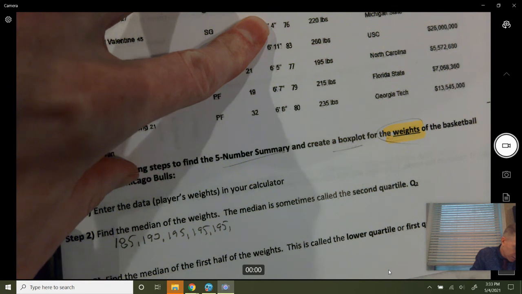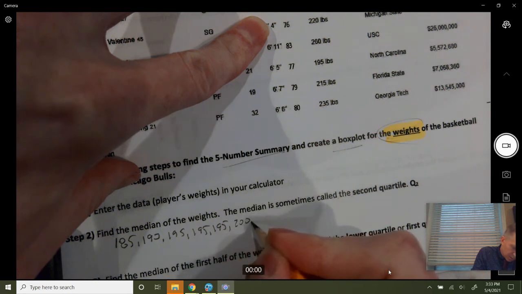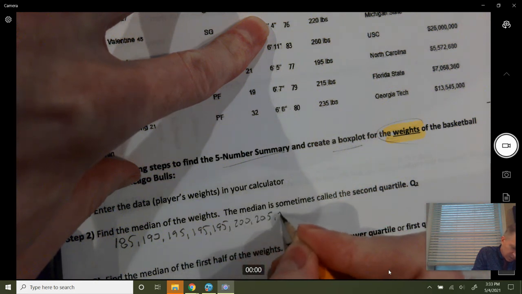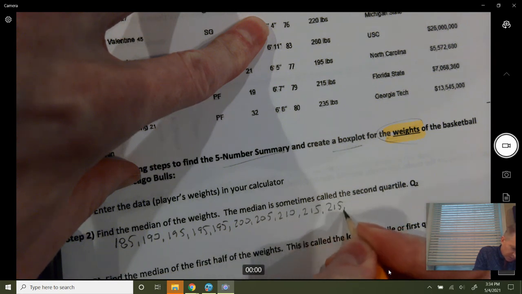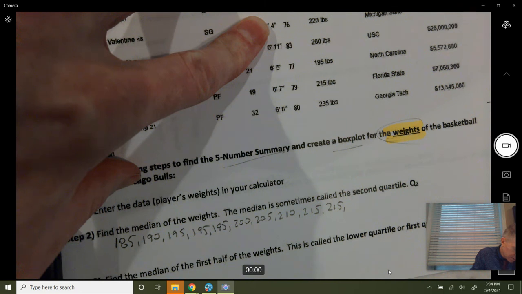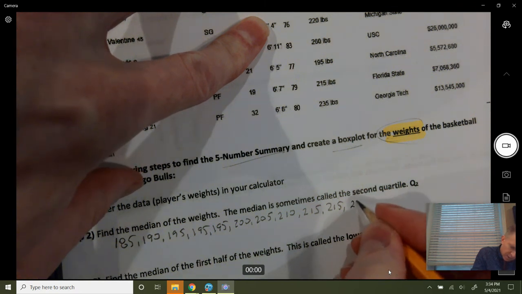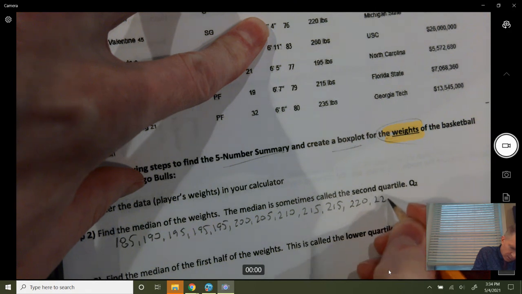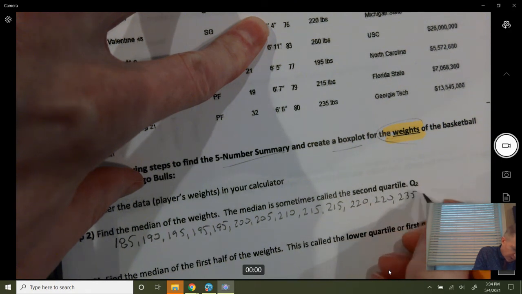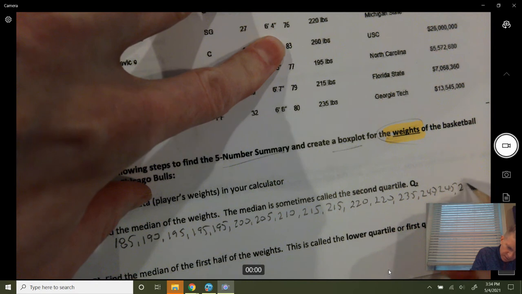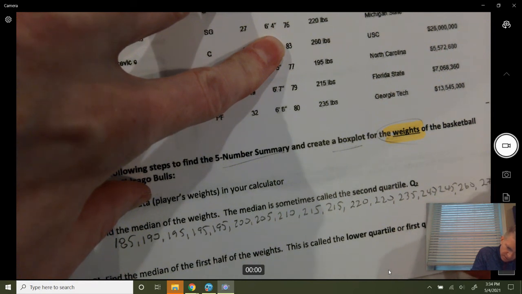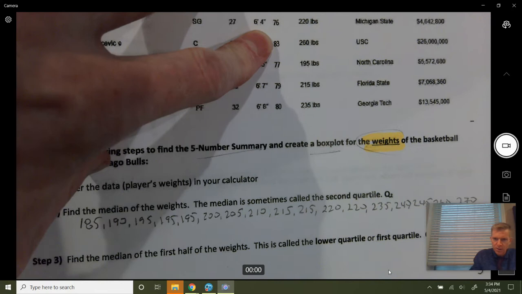Arrow down. 200, 205, 210, 215, 215, 220, 220, 235, 240, 245, 260, and 270. Okay, so I've listed all the weights.